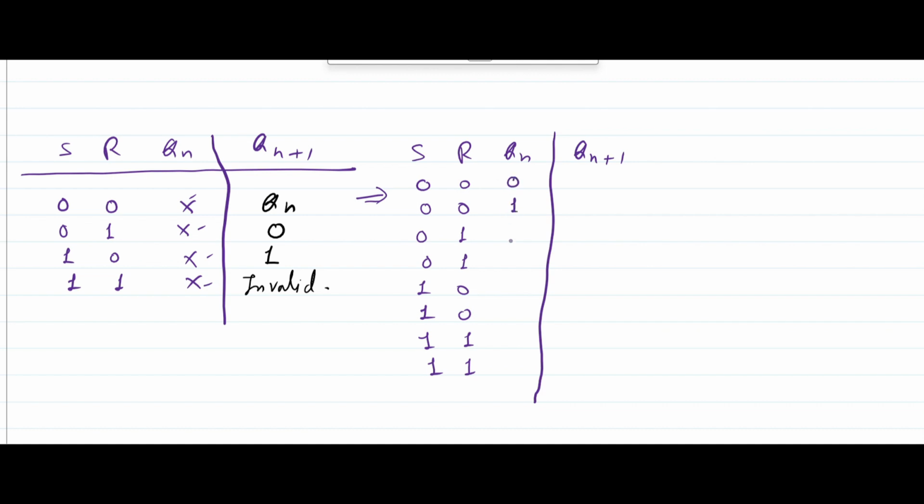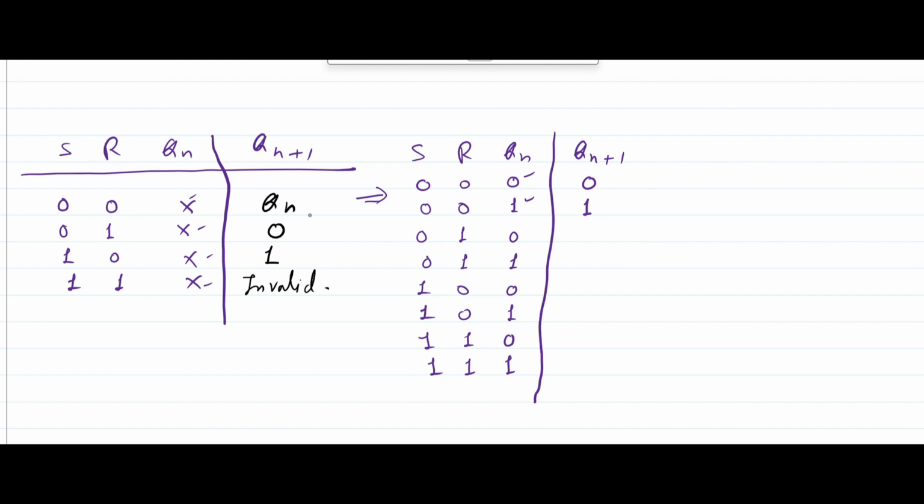So 0 1 0 1 0 1 0 1. Now if you see here, 0 0 gives you Qn, that means it will be 0 here and 1 here, because Qn is 0 here and Qn is 1 here, and Qn plus 1 is nothing but Qn, so it will be 0 1.